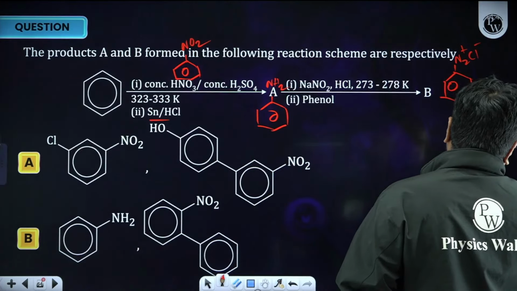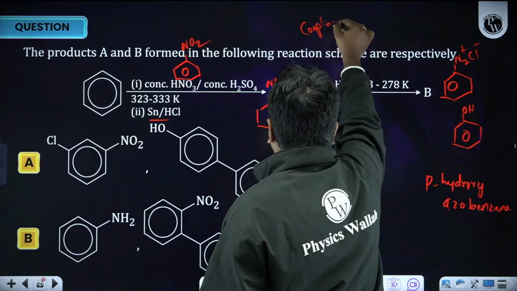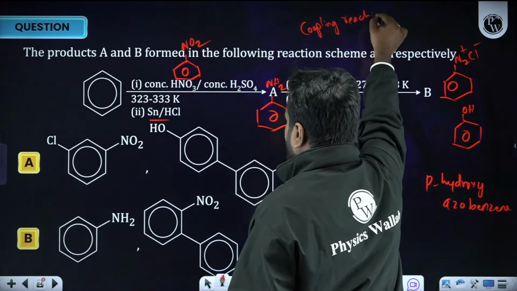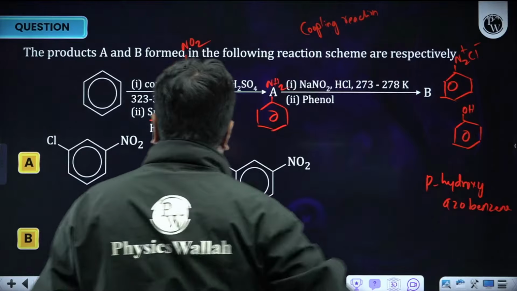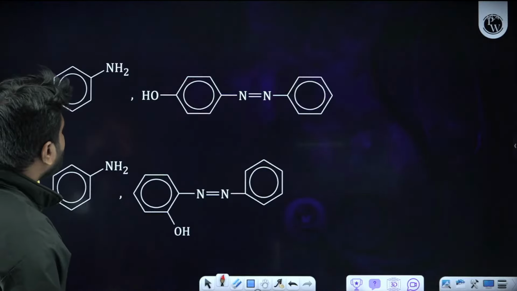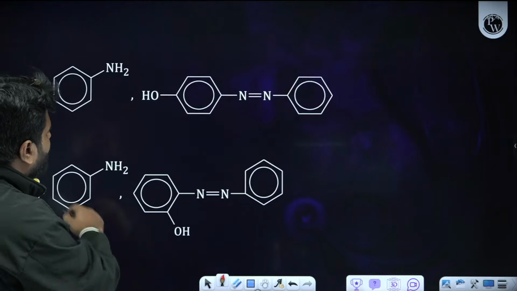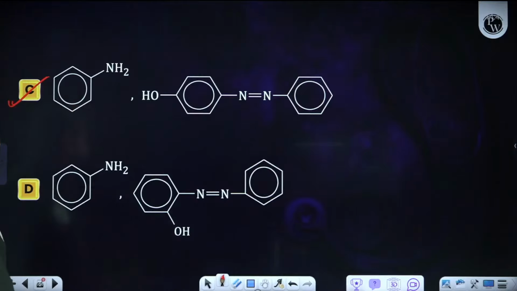Which reaction is this, my dear students? The reaction is coupling reaction. Para-hydroxy azobenzene. A, B, C, D. Yes, aniline, para-hydroxy azobenzene. Option C will be the correct answer.